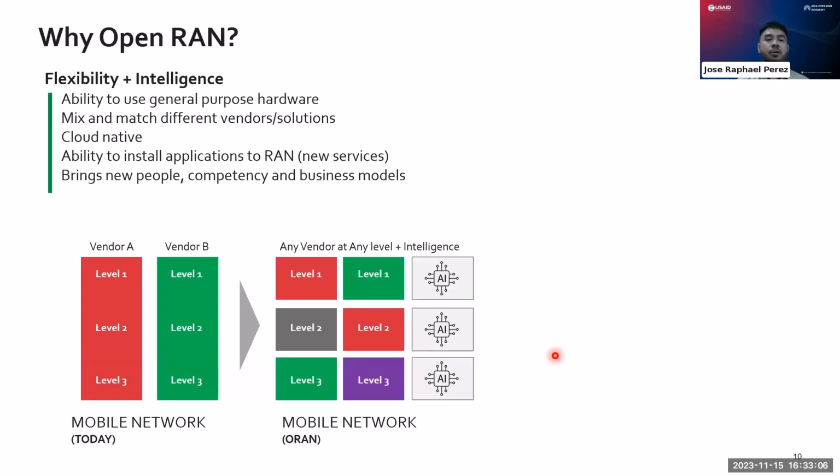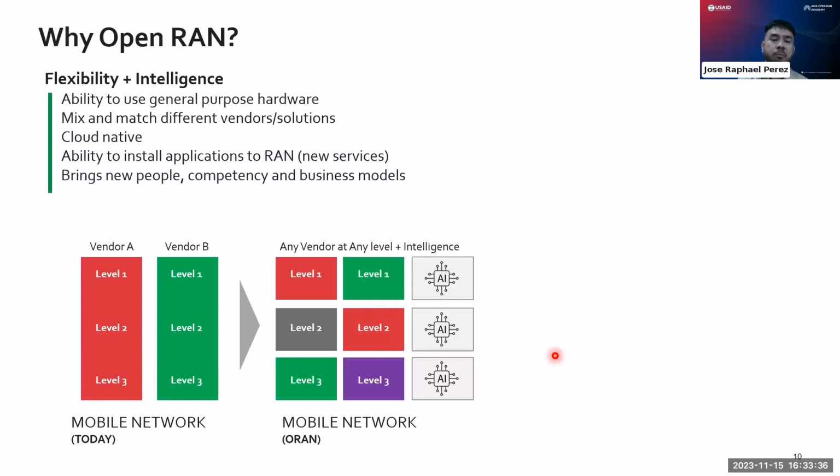Next is we can now onboard applications to our RAN for new services, especially if there are new features like energy savings that can benefit our network, and can have further services to our subscribers. And lastly, for Open RAN, it will entail a new skill set for our engineers.